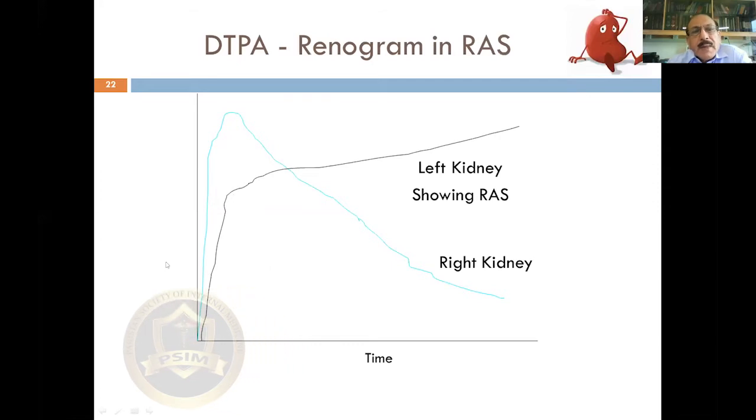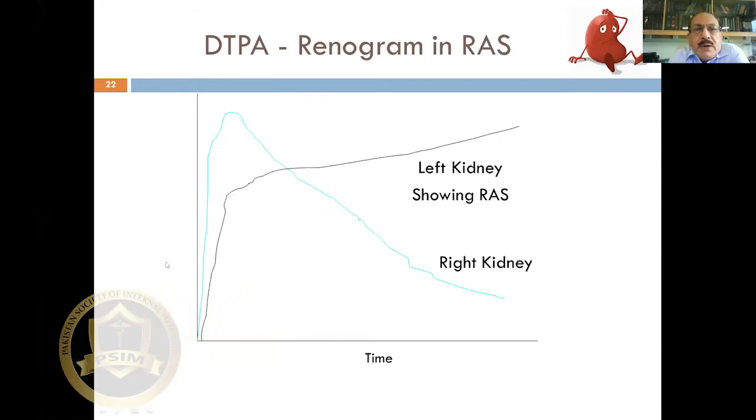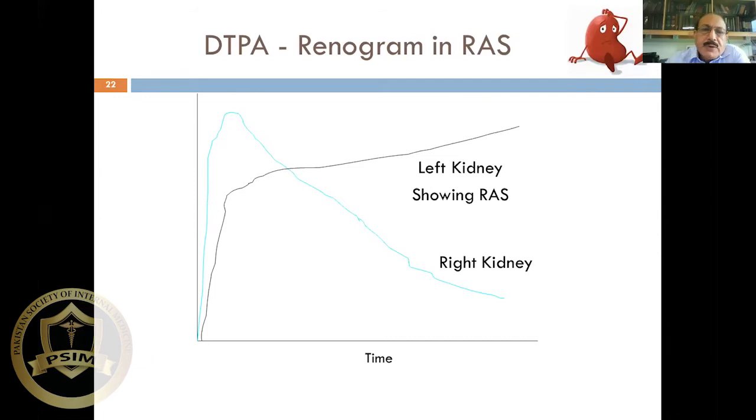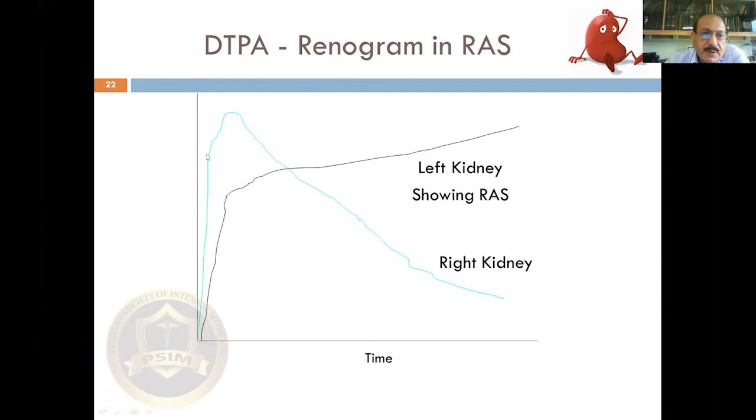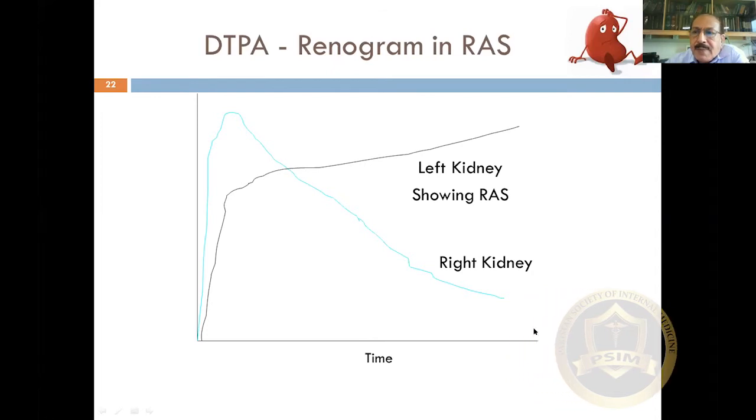This is a DTPA renogram, isotope renogram. You can see typically the normal kidney has uptake up to here of the isotope, then the secretory phase, and then we have the excretory phase.